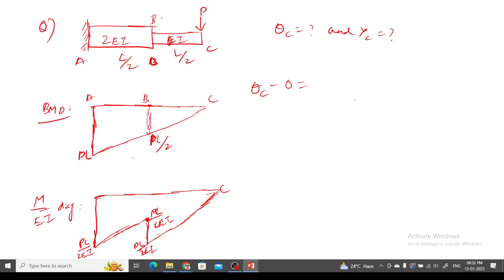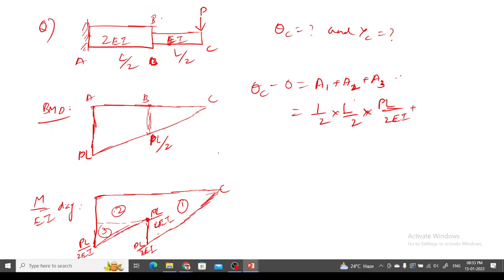Is A1 plus A2 plus A3. This I am taking as 1, this as 2, this as 3. So A1 plus A2 plus A3 gives me the value of theta C. A1 is actually a triangle, so it will be half into the base L by 2 and the height PL by 2EI.